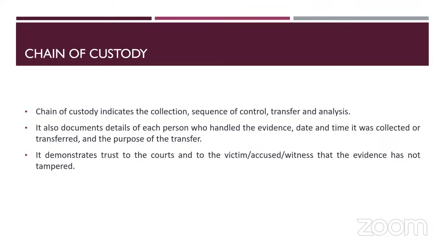Even after being handled by different people, the evidence should remain intact and not be tampered with. Therefore, maintaining the log books, the photographs, the crime scene, and the information in the crime scene report, all of this establishes the chain of custody.